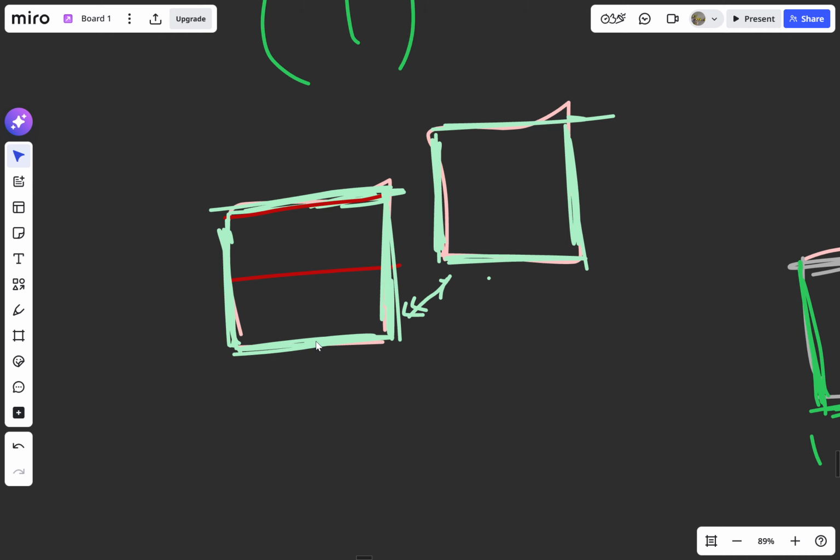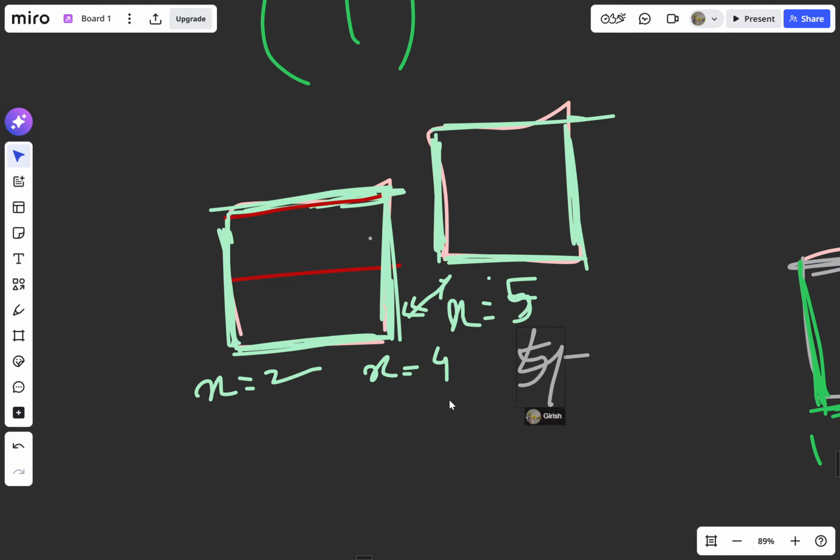So let's say this is 2, this x is equal to 5 here, and there x is equal to 4, here x is equal to 2. Now if they overlap each other, the 4 can be greater than x equal to 5.